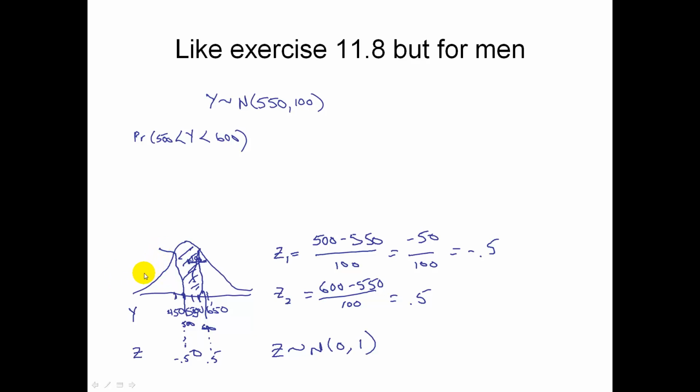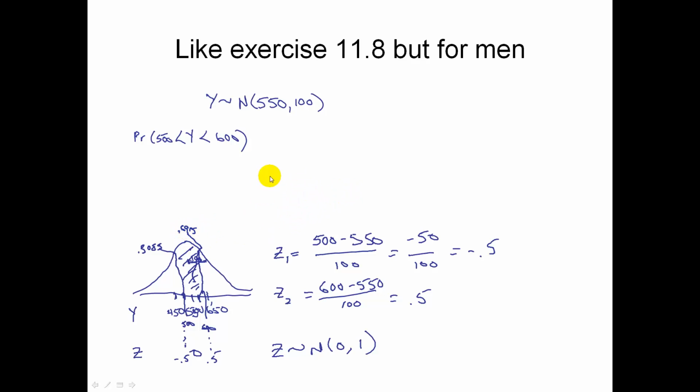And we see the area under the curve to the left of negative 0.5 is 0.3085, and the area under the curve to the left of positive 0.5 is 0.6915.